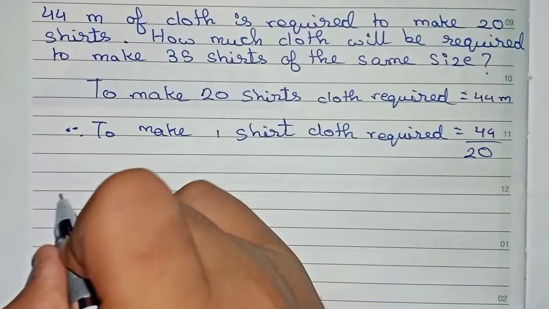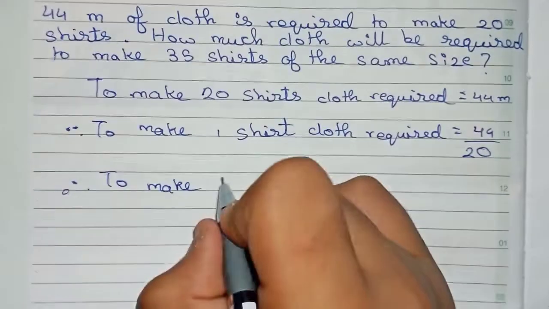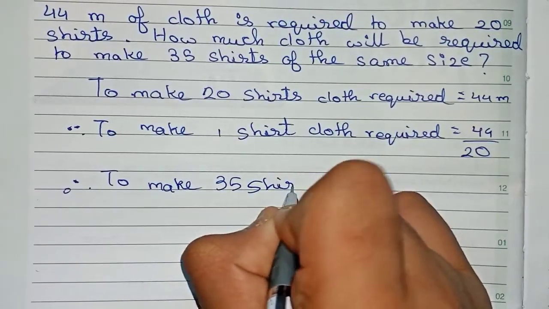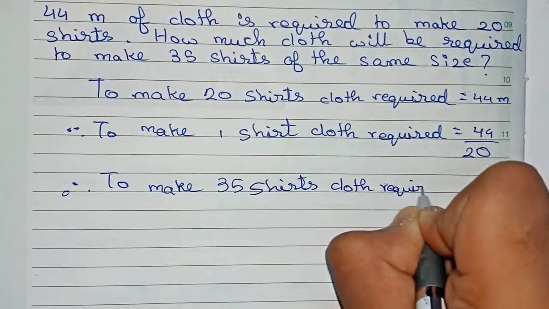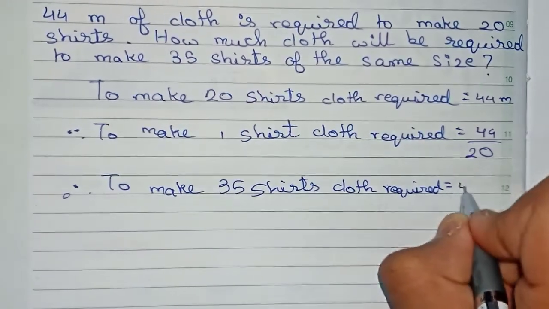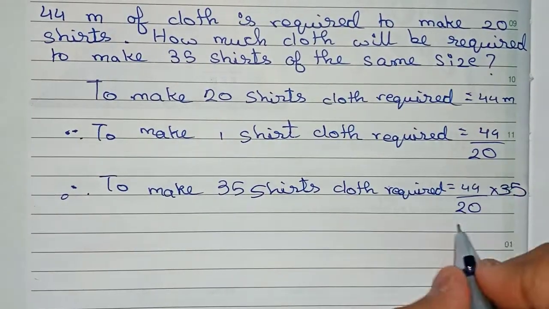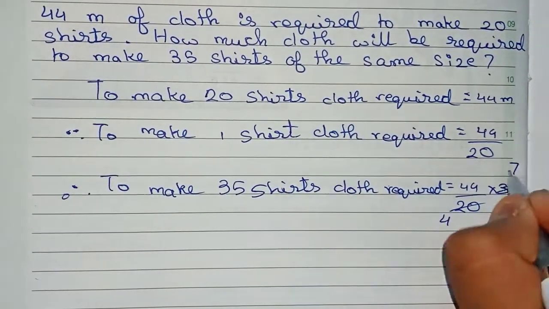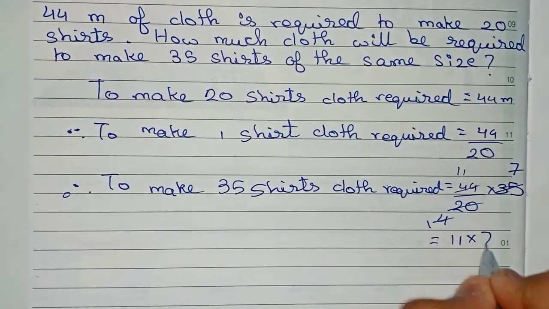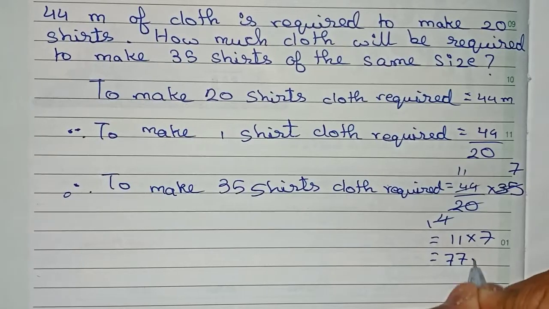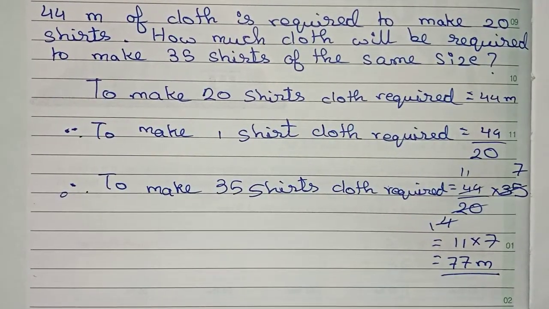Now the final statement: therefore, to make what is asked, that is 35 shirts, cloth required equals 44 by 20 into 35. First we cut 20 and 35 by 5, it will become 4 and 7. Now I cut 4 and 44, it will become 11. So it becomes 11 into 7, which equals 77 meters. So this is our final answer for this question. Let's move on to our next question.